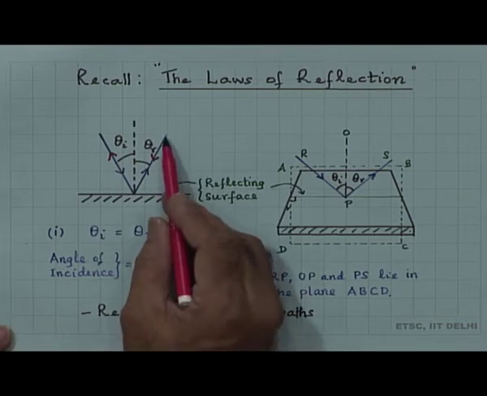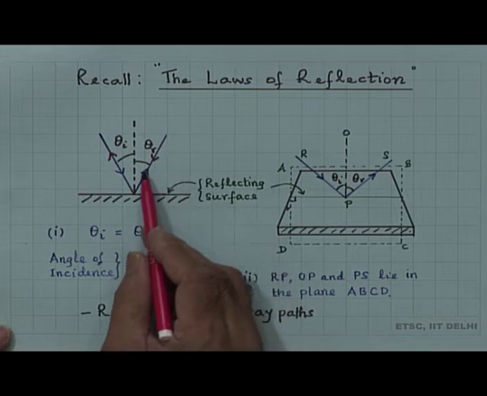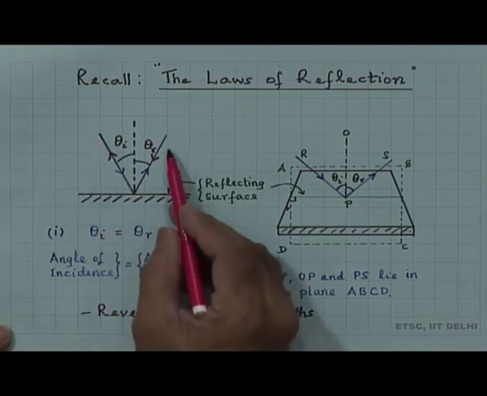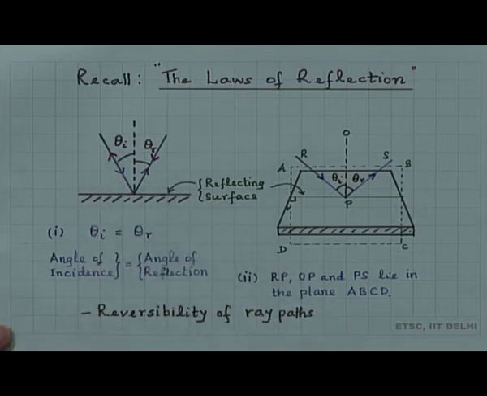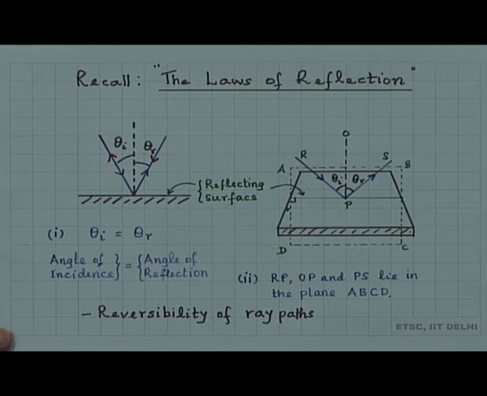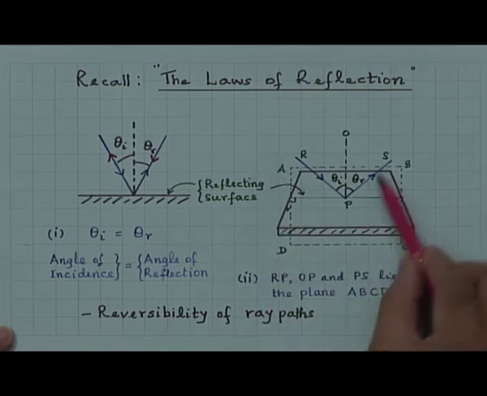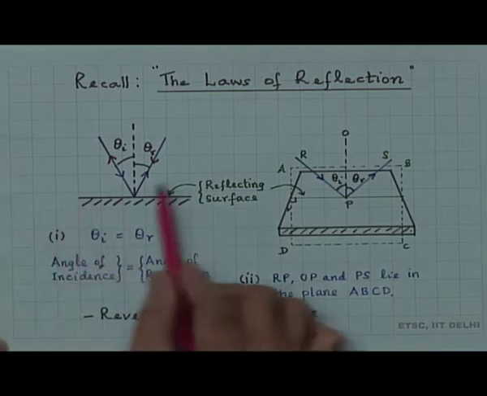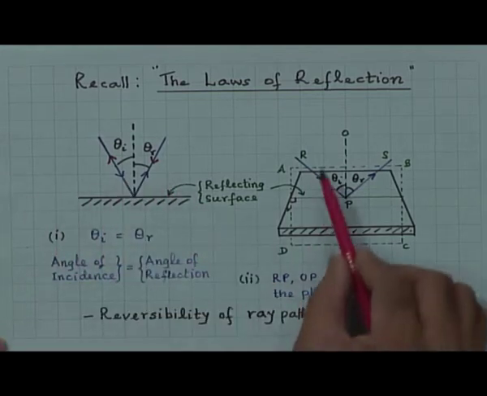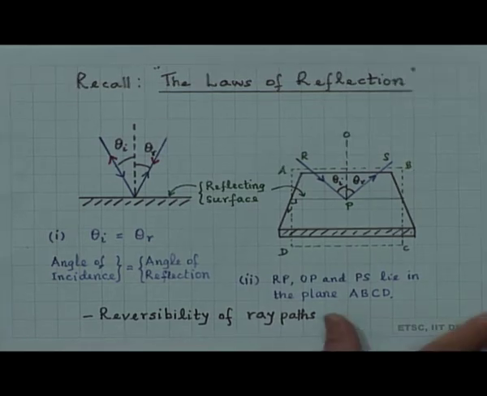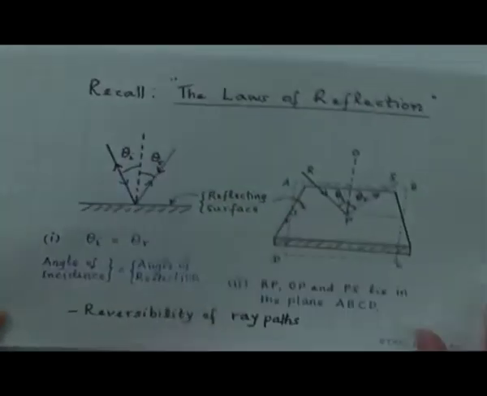Therefore, a ray which is incident in the reverse direction will return in this way. This is called the reversibility of ray paths, reversibility of rays. The same thing is true here as well. It is the same thing I have shown, in a cross section plane, and here a 3D view is provided. So, this is about the plane mirror.